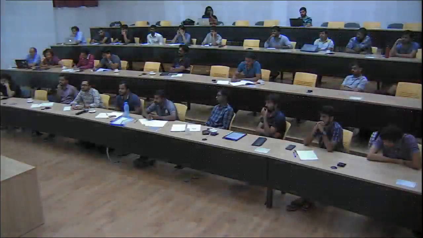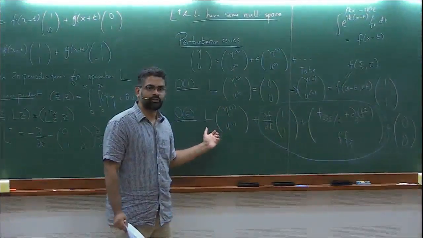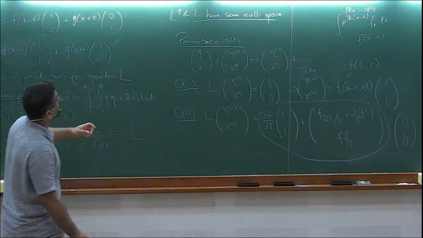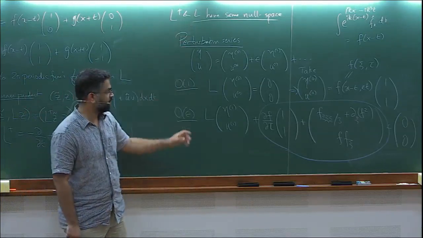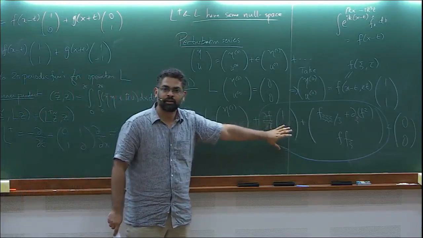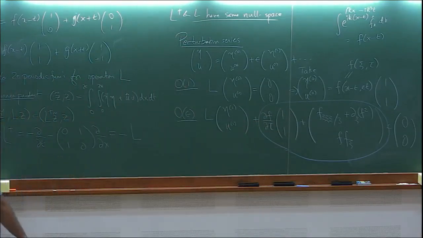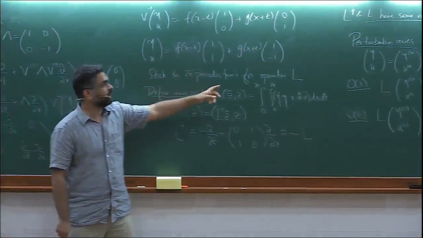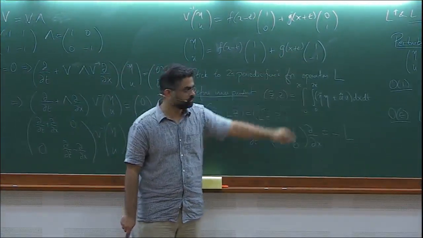All right. The Fredholm alternative says the right-hand side should be perpendicular to the null space of the adjoint. The adjoint and the original operator have the same null space. So that means the right-hand side should be perpendicular to the null space of the original operator. The null space of the original operator consists of any function times 1, 1, and any function of x plus t times 1, minus 1.